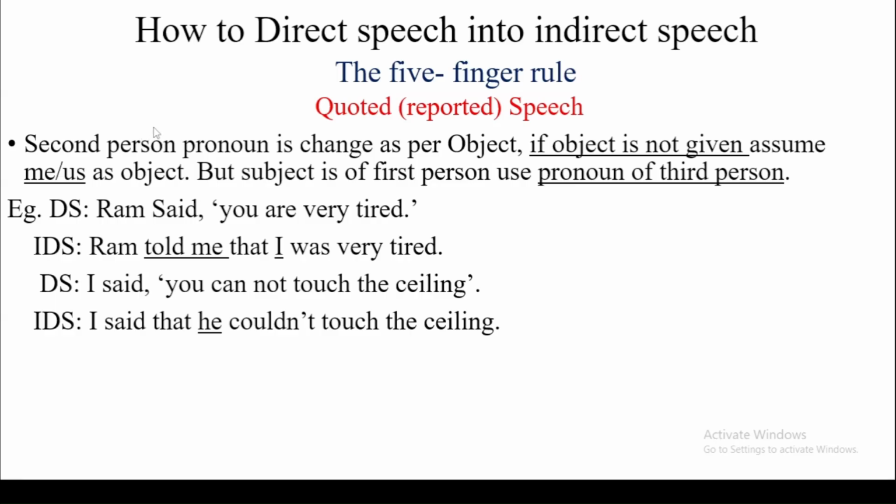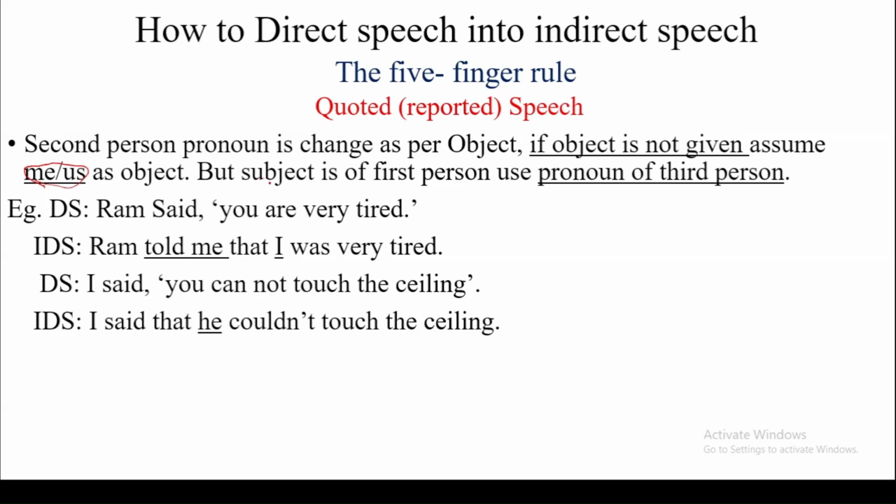We already discussed the object of first person, the pronouns of first person. If we have a second person pronoun and the object is not given, then we have to assume me and us, pronouns of first person, as the object in the reporting clause.